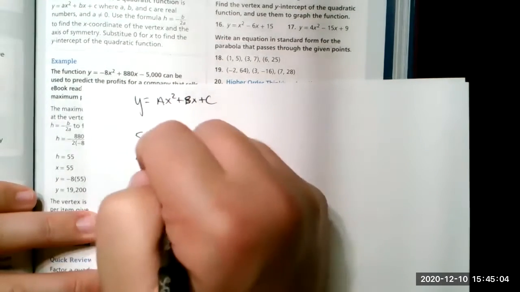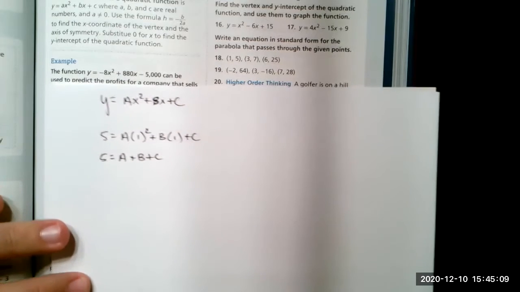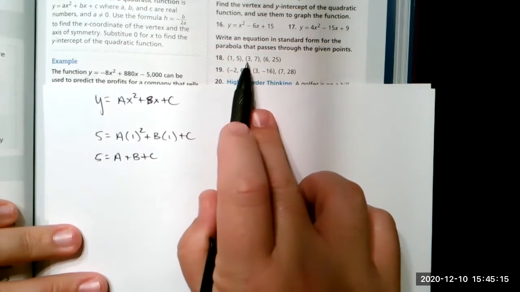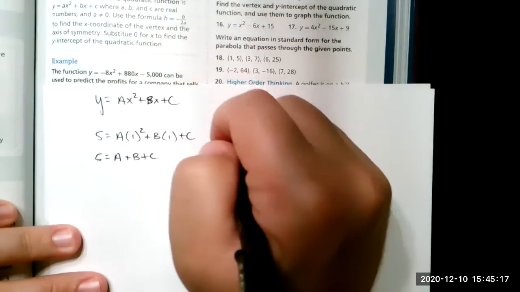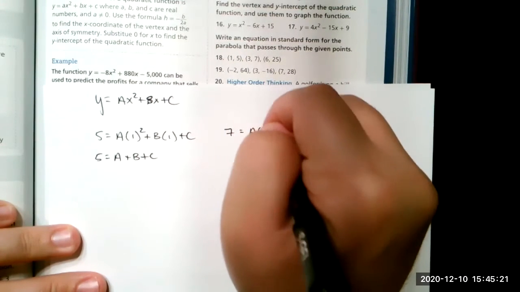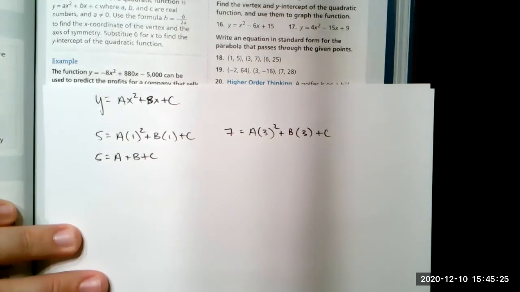B times 1 is just b. And then plus c. So the second one, I'm going to use that same generic quadratic algebraic definition, and I'll plug in x is 3, y is 7. So y is 7, x is 3. And then go ahead and simplify.